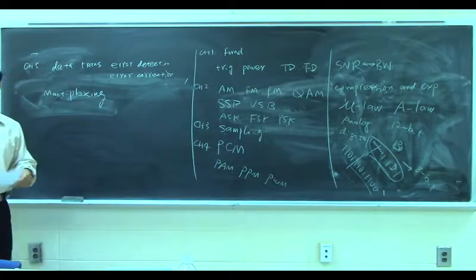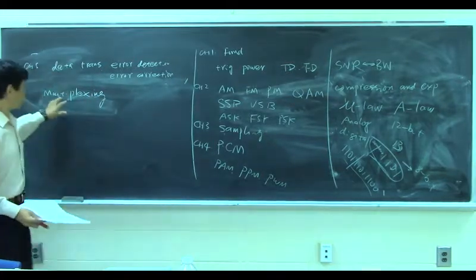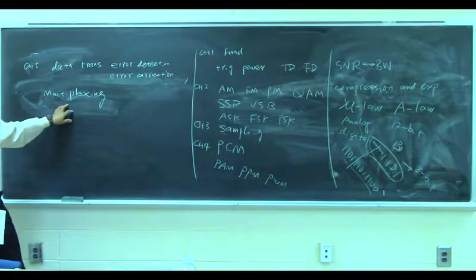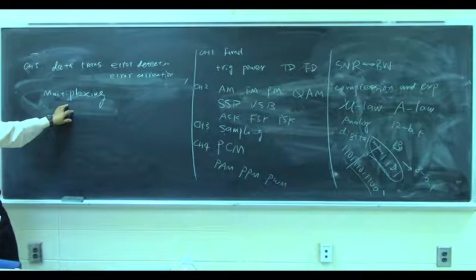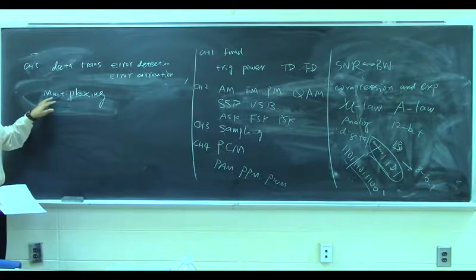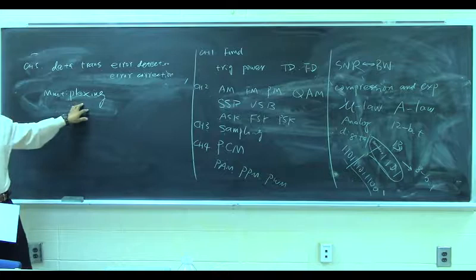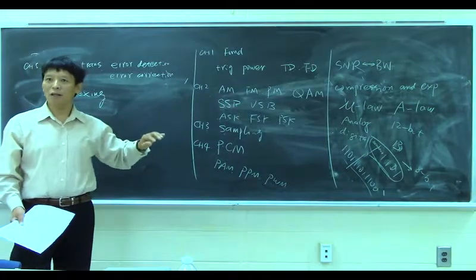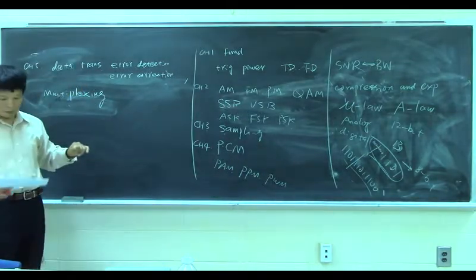That means transmit multiple signals with the same resources, for example, at the same time, or with the same frequency, or with the same wavelength. If we transmit multiple signals at the same time, that's called time domain multiplexing.